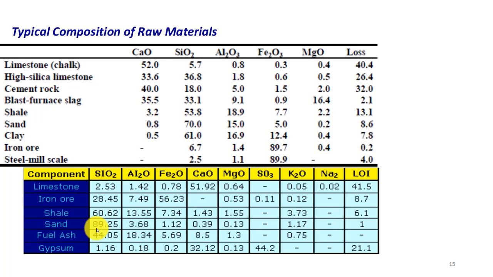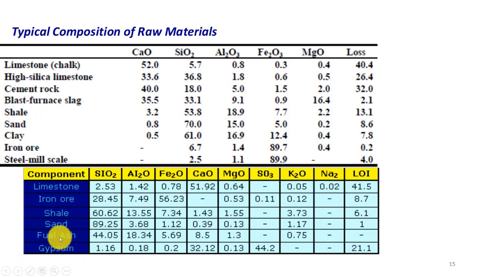It is not as reactive as all other sources of silica that you have before. So silica present in sand is crystalline and not desirable to be taken as it is in cement production. You just have to treat this crystalline silica so that it becomes amorphous, desirable for the reaction, a reactive material.